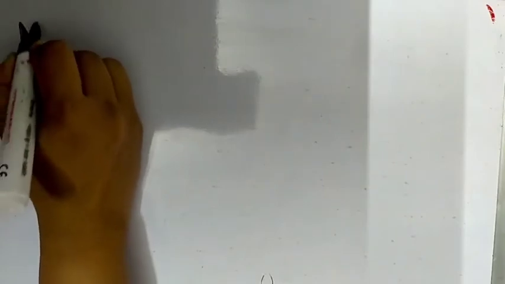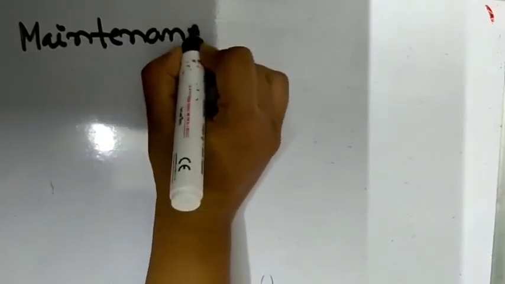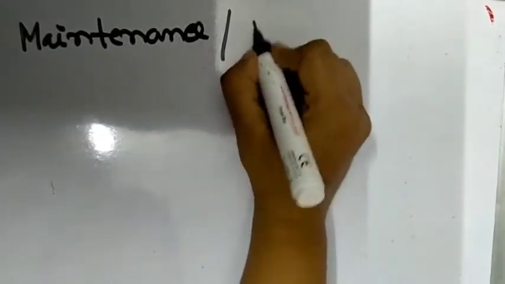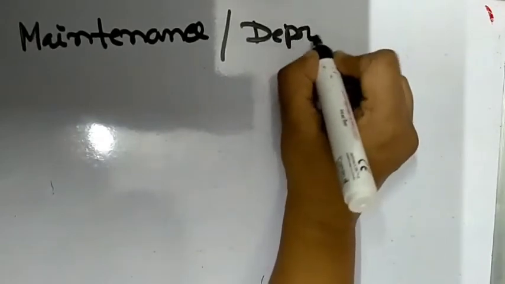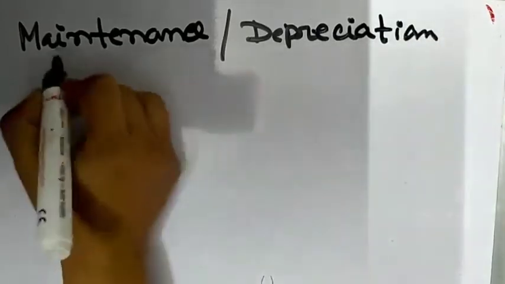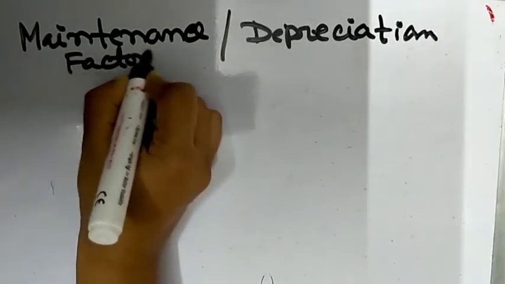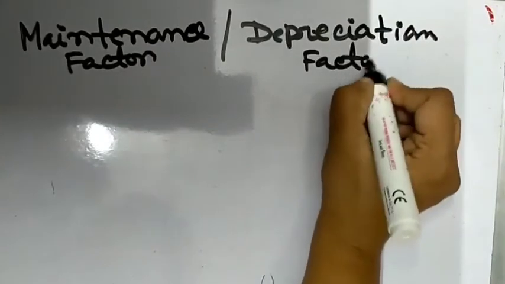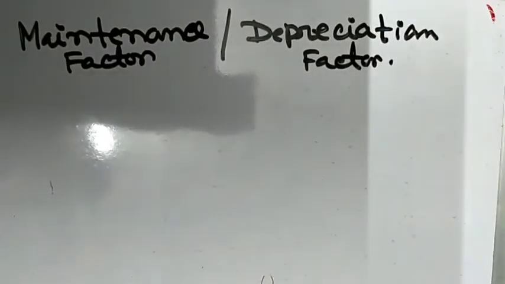Next is maintenance factor, or depreciation factor. Lumen output of all lamps decreases with use. The conditions in the majority of industries are dusty.